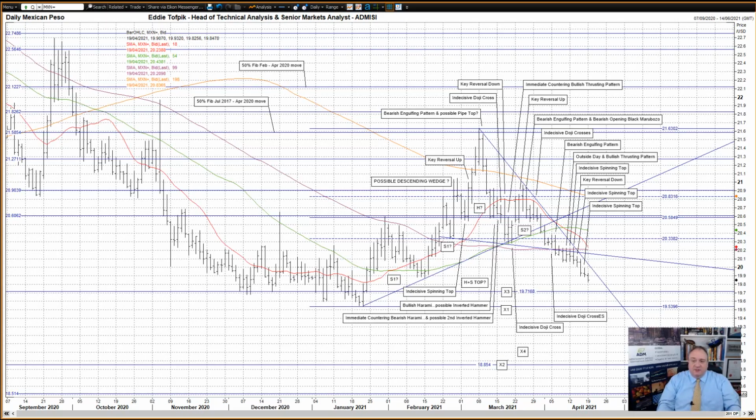In the first case, we have an initial target X3 in the 19.71.70 area, with a full target X4 down in the 19 even area. In the second case, we have an initial target X1 in the 19.5 area, with a full target X2 down in the 18.85.50 area.